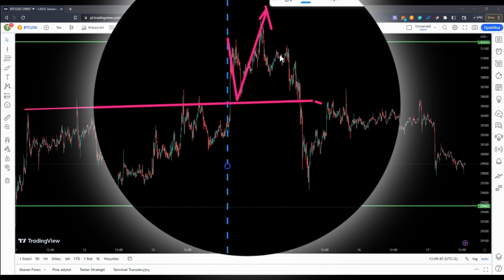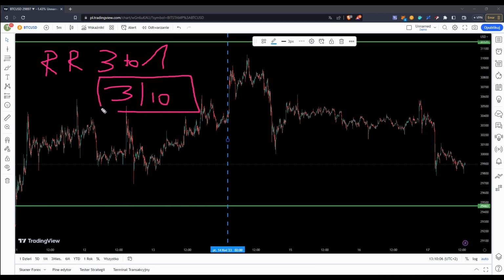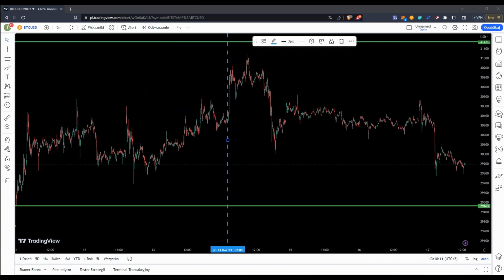Maybe we wouldn't hit the target, but as usual, what I'm always saying, reward to risk, 3, 2, 1. Why? Because it's enough to be correct 3 out of 10 times to still be profitable, right? So that was the first thing I've been watching.